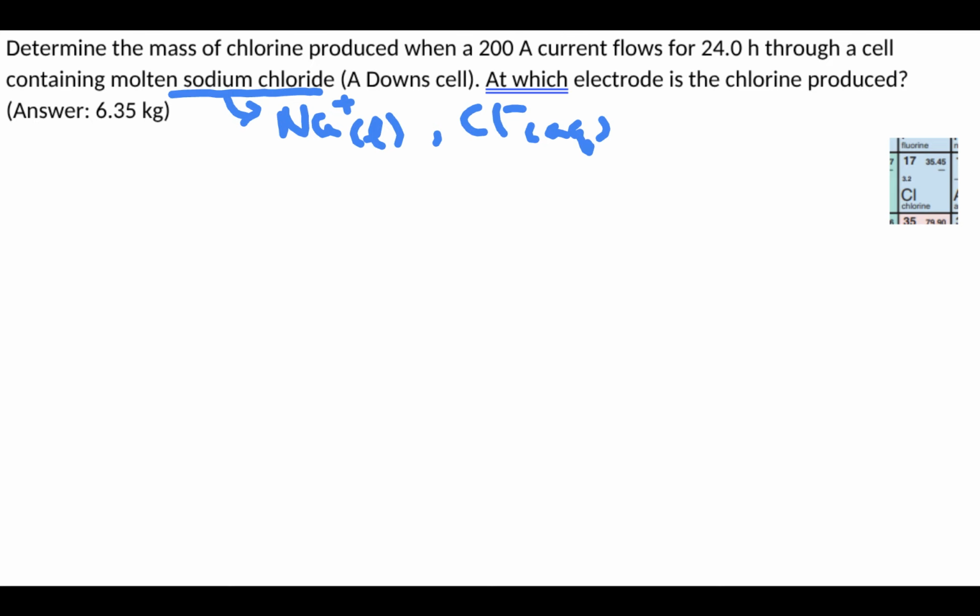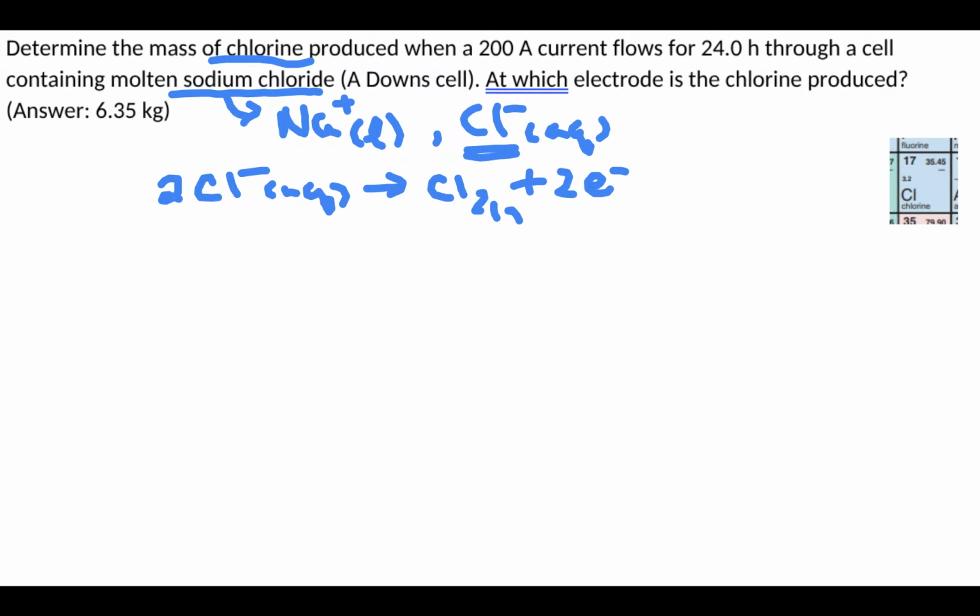So we know that we're using chlorine ions to make chlorine gas. So again, that's the half reaction we want. Our data booklet would show us 2 moles of chlorine ions will give you chlorine gas plus 2 electrons.